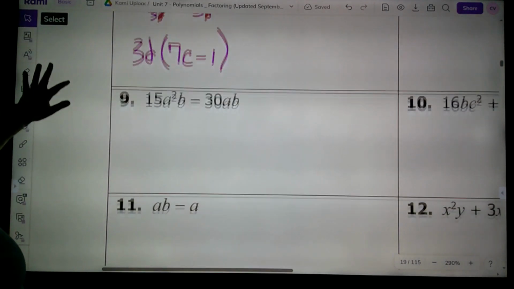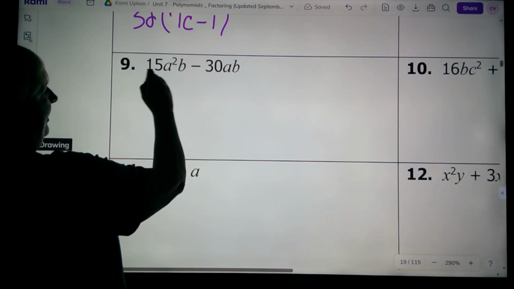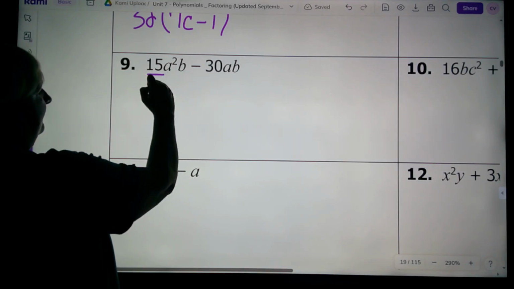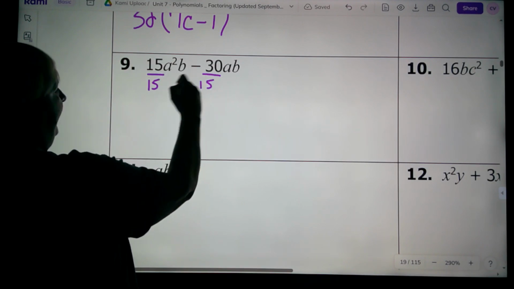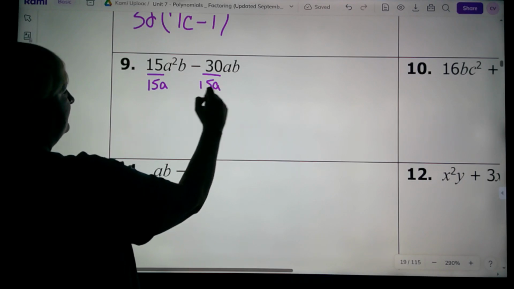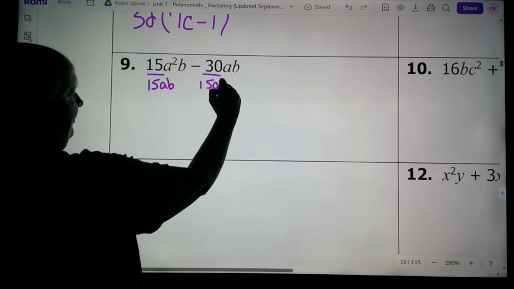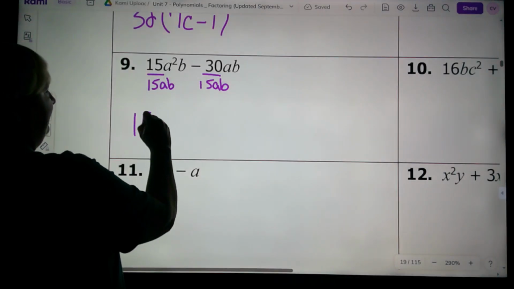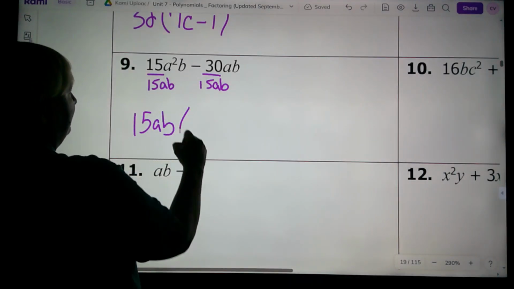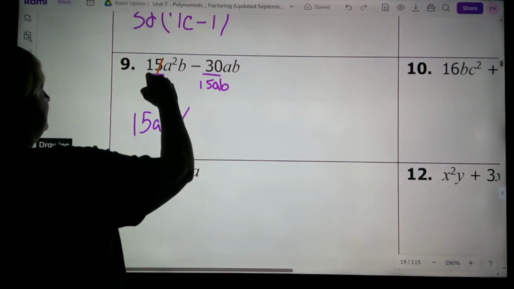Just look for what they have in common. Both of these can be divided by 15. This has 2 a's, 1 a, so we can take 1 a out. They both have a b, so we can take a b out of both. So if I take 15ab out of both, what am I left with? This is a 1.